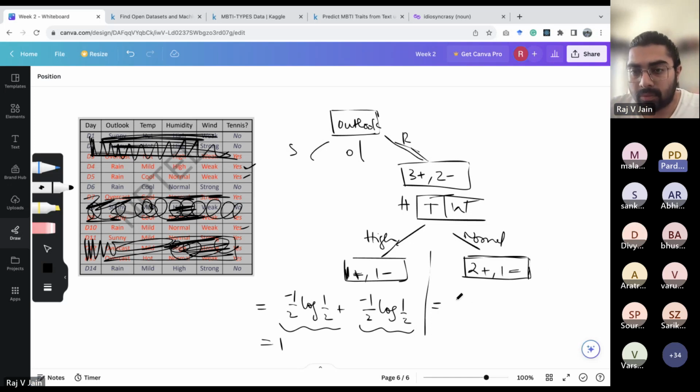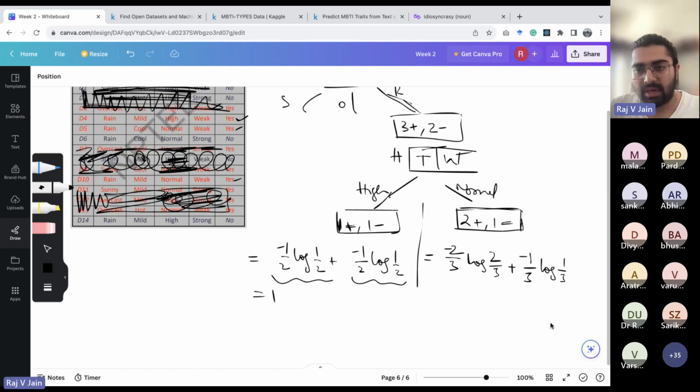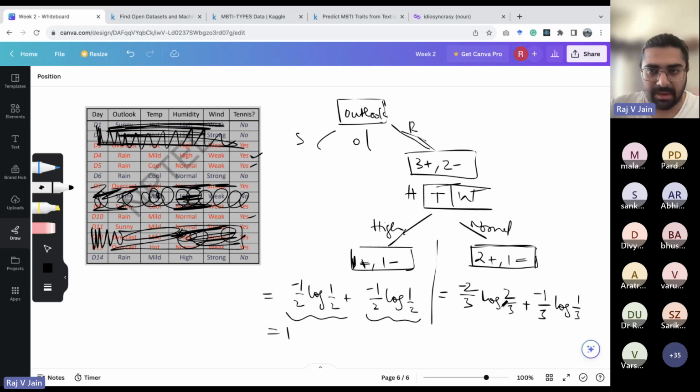Minus 2 over 3 log 2 over 3, minus 1 over 3 log 1 over 3. That's it. Straightforward, right? So just take the proportion and multiply with the log. Don't forget the minus sign, right? So this will give us some n, let's say.